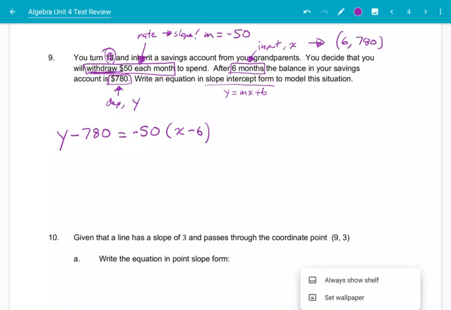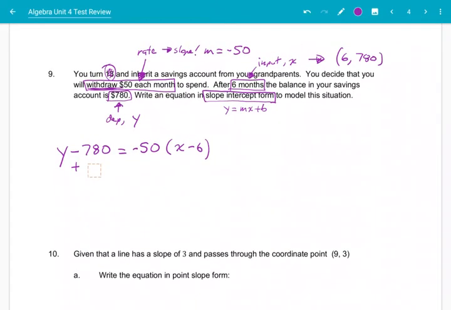So there is a point-slope form, but we want it to be in slope-intercept form. So we are just going to add 780. Oh, no. We're going to do that next. First, we're going to distribute this. Get rid of these parentheses. So y minus 780 equals minus 50x, because 50 times x is minus 50x. Then a minus 50 times a minus 6.